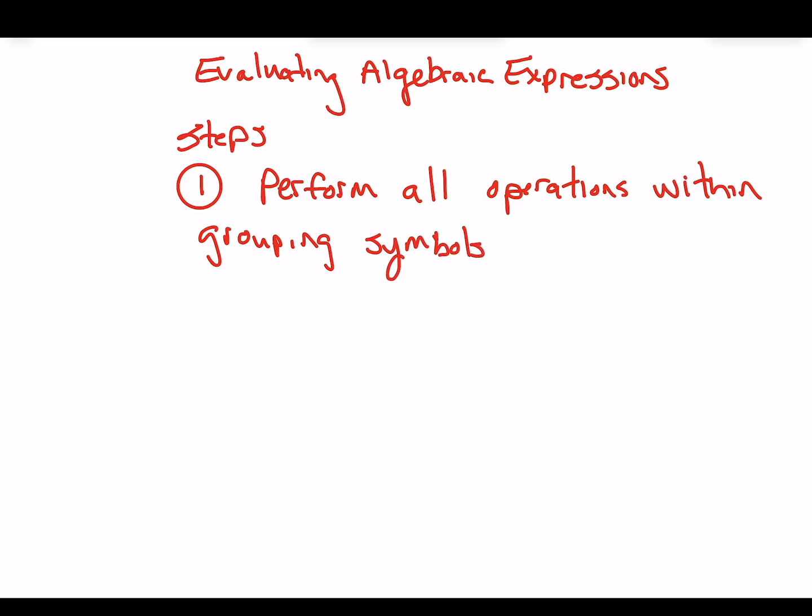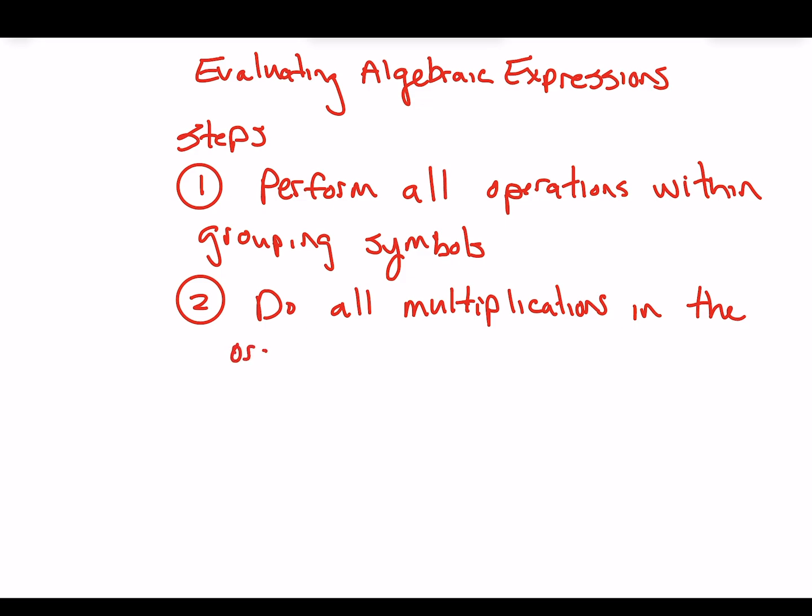Grouping symbols are brackets or parentheses. The next step is to do all multiplications in the order they appear from left to right.